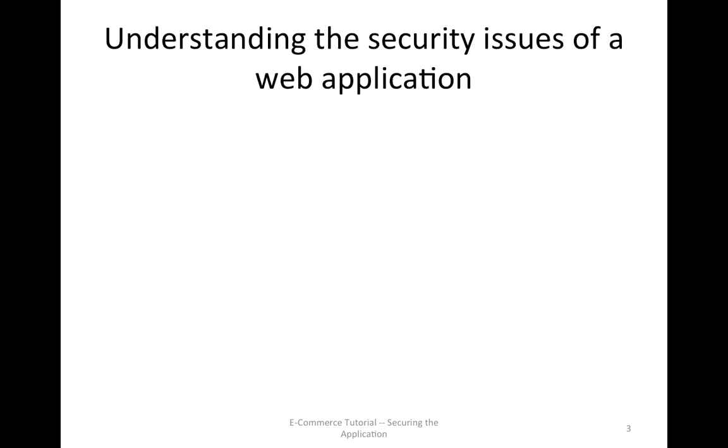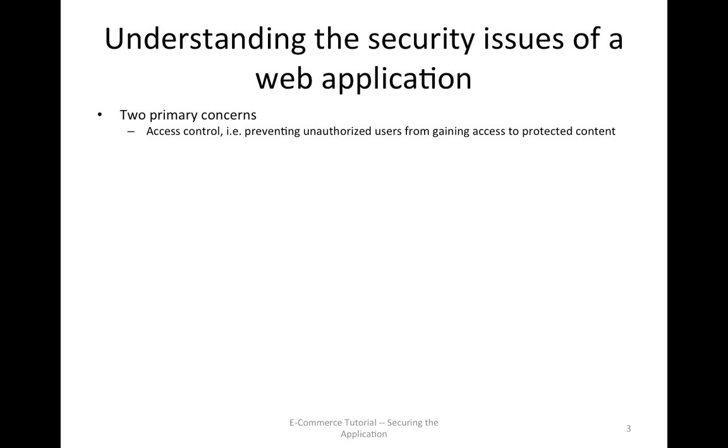Our first task is to understand the security issues of a web application. When we try to secure a web application, we have two primary concerns. First is access control, which is to prevent unauthorized users from gaining access to protected content. There are normally two steps involved.